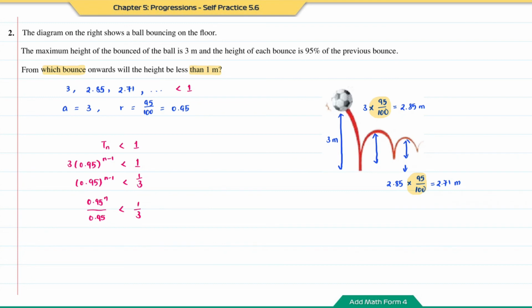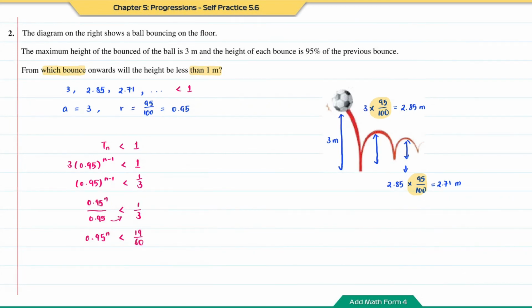Next, I'm going to move this 0.95 to the right hand side. Therefore, 0.95^n is less than 1 over 3 times 0.95. Solve this using your calculator. The answer will be 19 over 60.